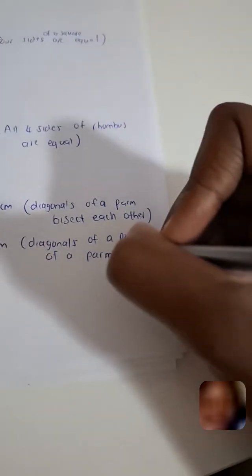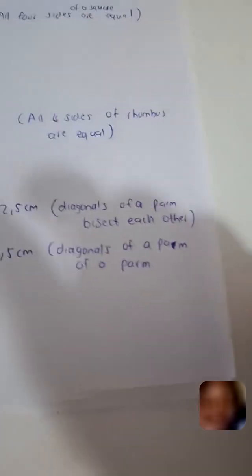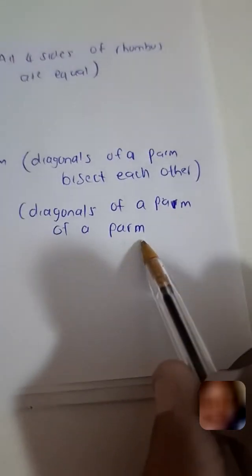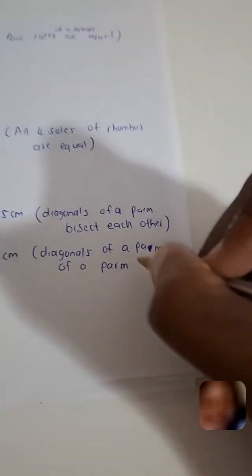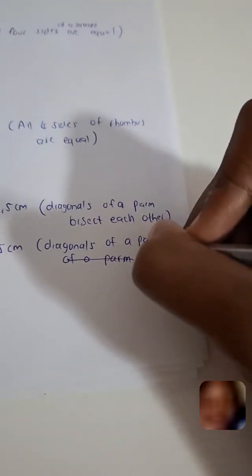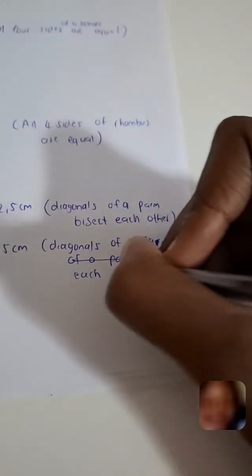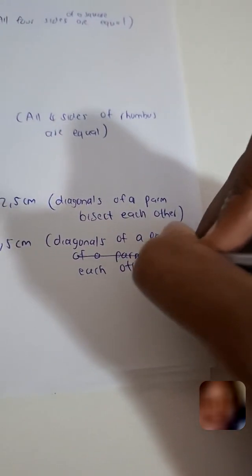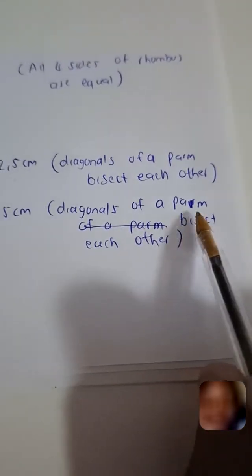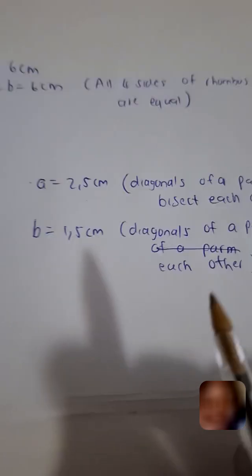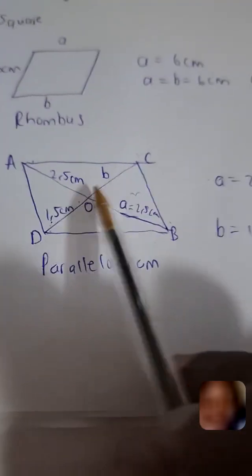Try to use the word diagonal as much as you possibly can. Diagonals of a parallelogram bisect each other.